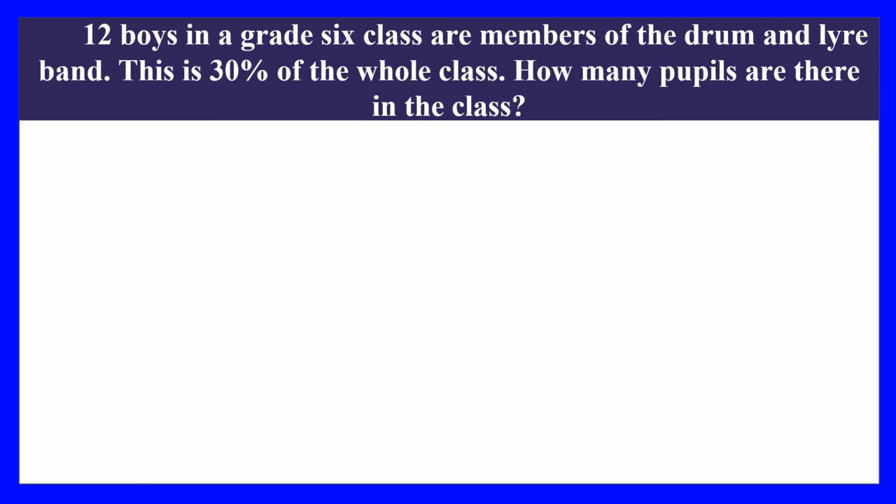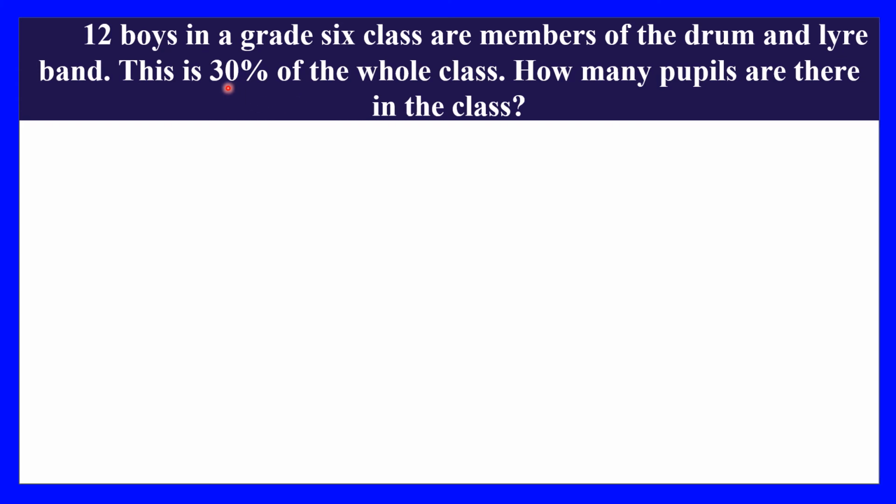Next, 12 boys in a grade 6 class are members of the drum and lyre band. This is 30% of the whole class. How many pupils are there in the class? So, what is asked? How many pupils are in the class? So, the total pupils in the class or the whole class. Tama, di ba? So, ano ngayon ang binigay? 12 boys and then 30% daw ito of the whole class.